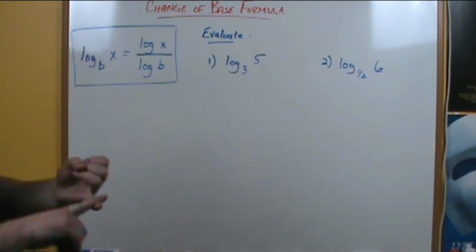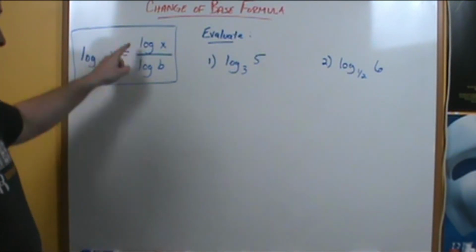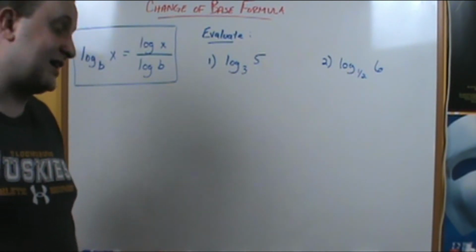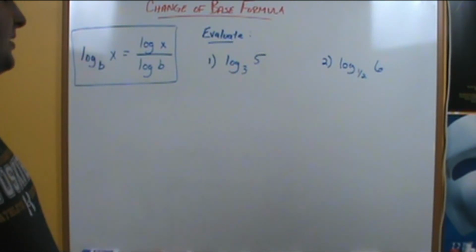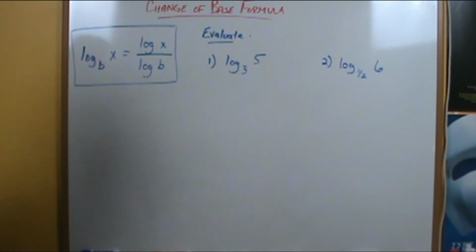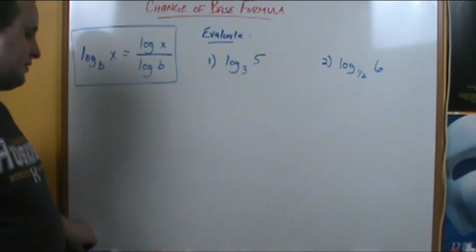For these, we could leave them as an exact answer in terms of a logarithm, or we can approximate them to the nearest hundredth. Some questions ask you to leave them as an exact answer, but if we transform it into a decimal approximation, that'll give you an approximate value of the logarithm.